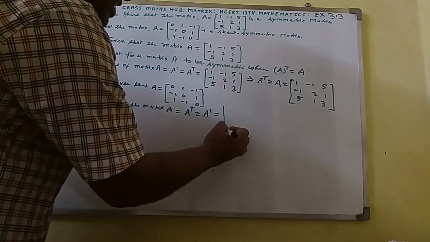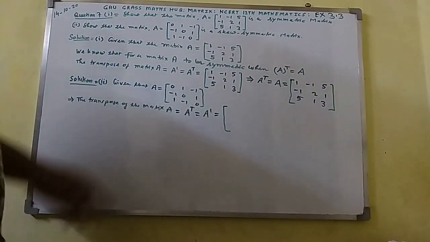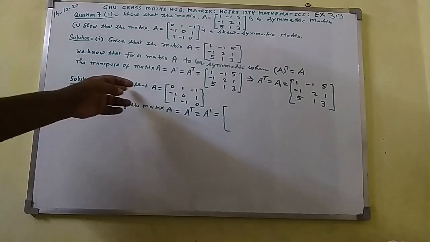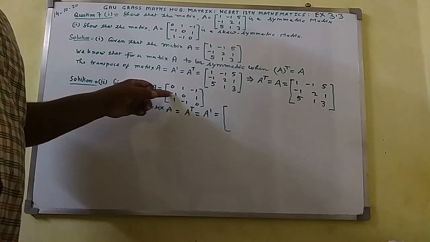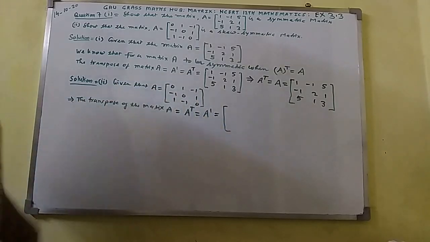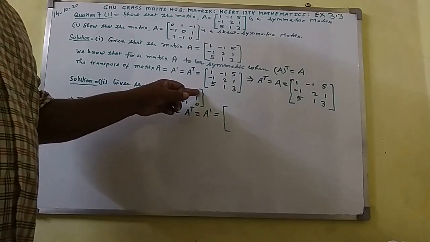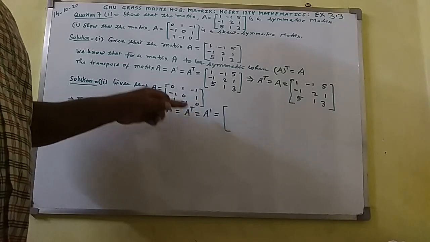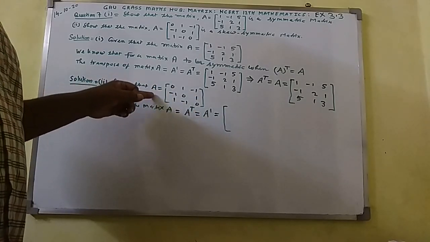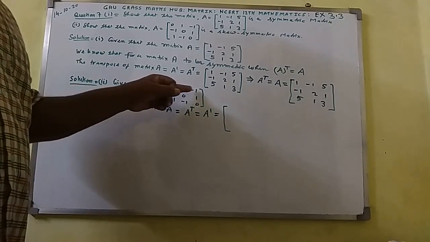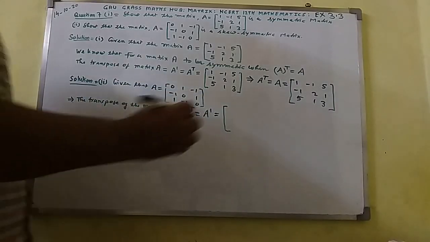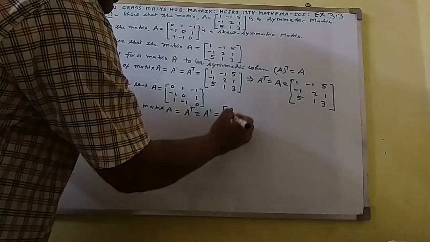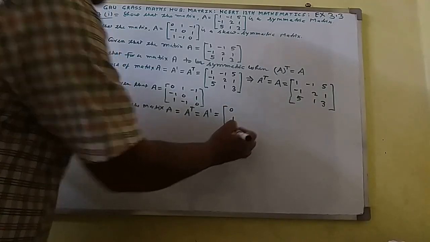opening of square bracket will be done here. Here you can see in the given matrix A, this is the first row, this is the second row, this is the third row. So here first row will be converted on transpose of the matrix A. The first row will be converted here into first column. So this will become 0, 1, minus 1.